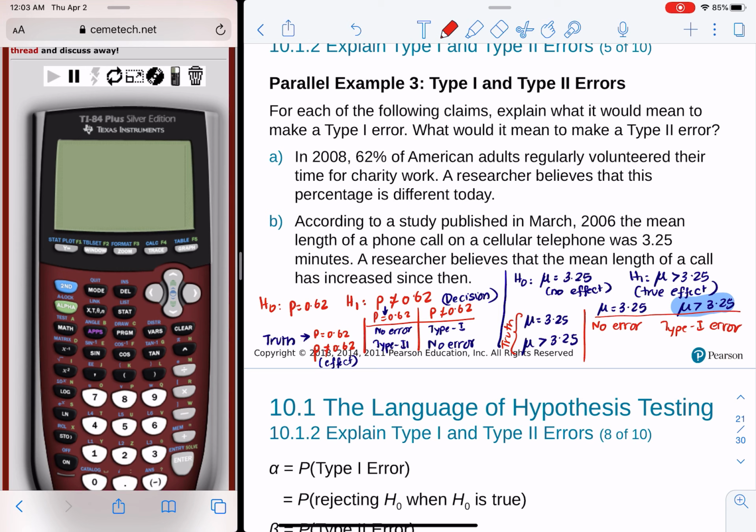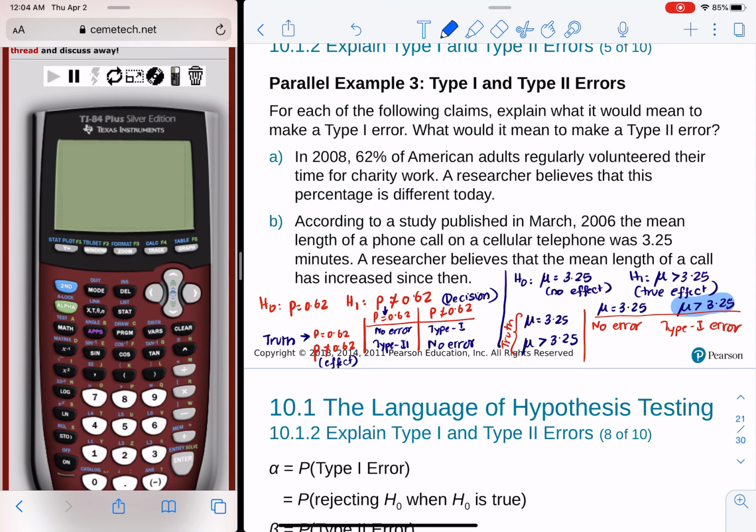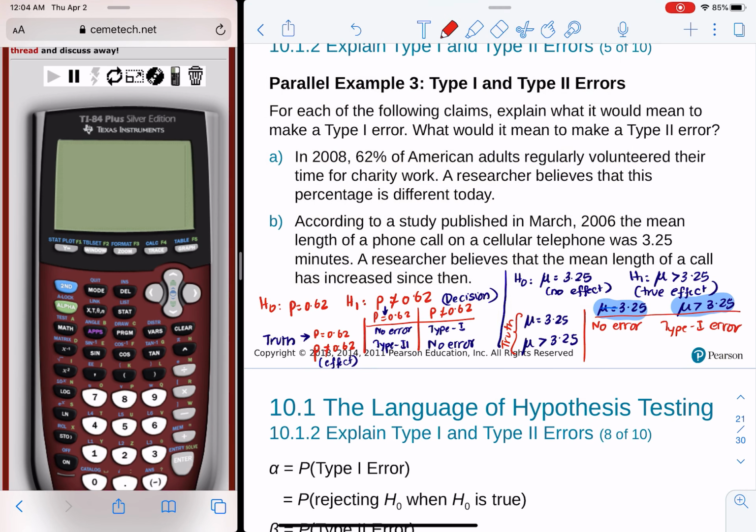Next case, the truth is that we have an effect. In other words, the mean length of the telephone call is greater than 3.25, but we end up saying in our test that the average is the same, that there is no effect, but in reality there is an effect, so we made a mistake, and that error is type 2 error.